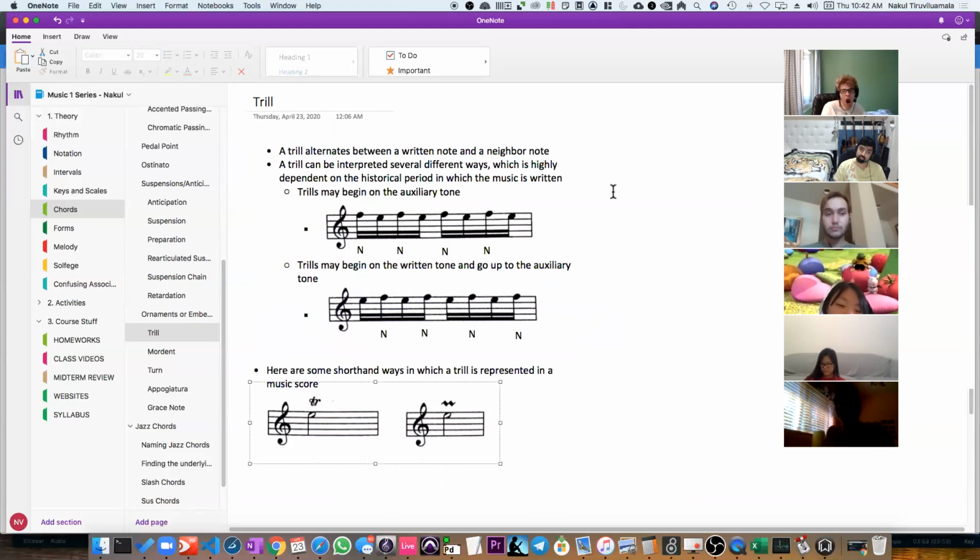So you could have, right? You can have that. So I wrote these as neighbor tones, right? Or you could actually have the trills begin on the written tone and go up to the neighbor tone. I guess there's another example, which is you can actually have the trill begin on the chord tone and go down.